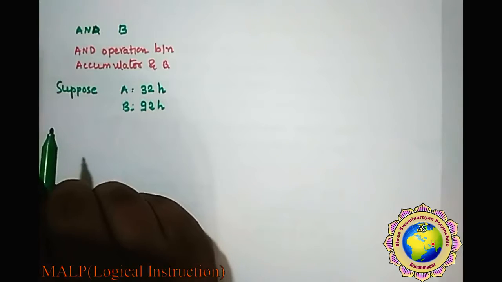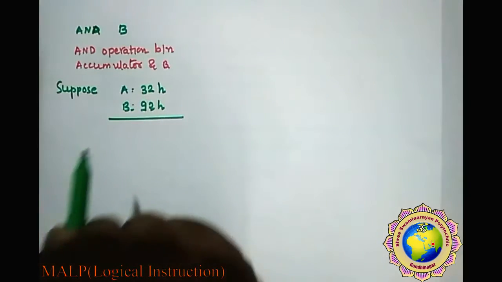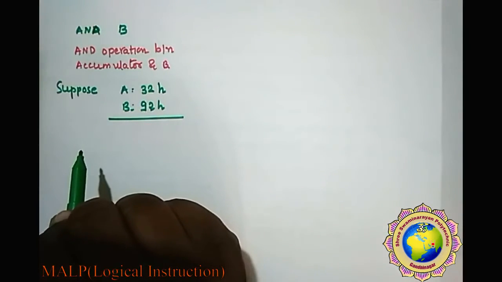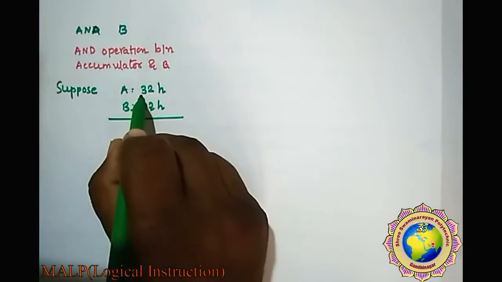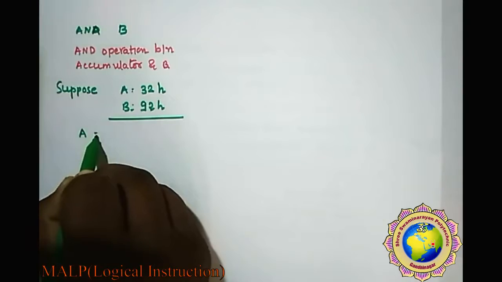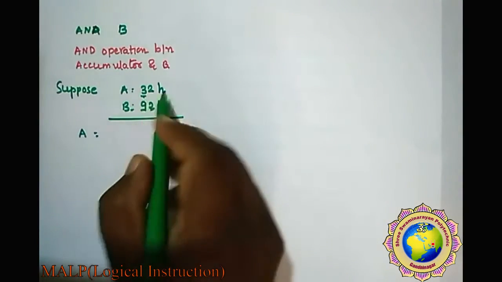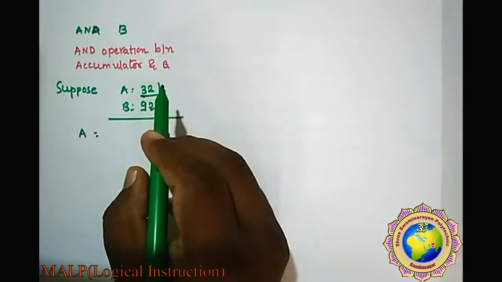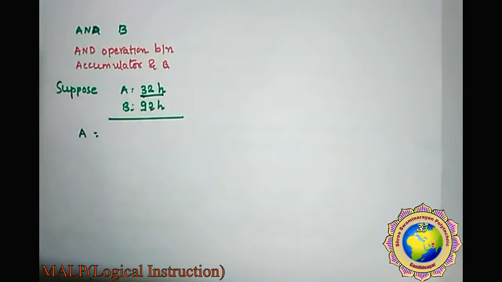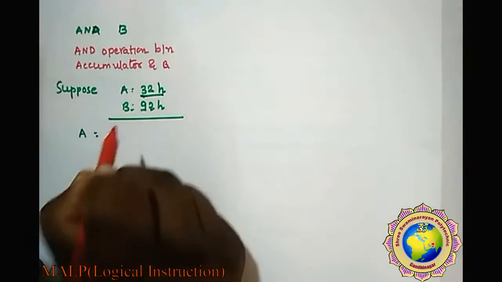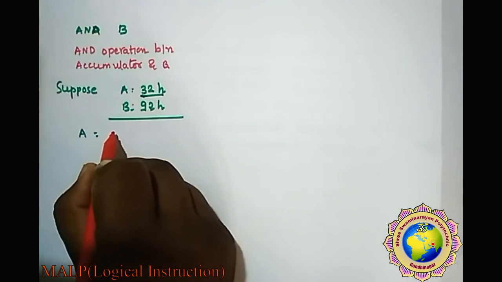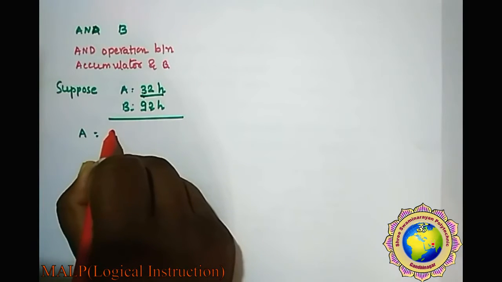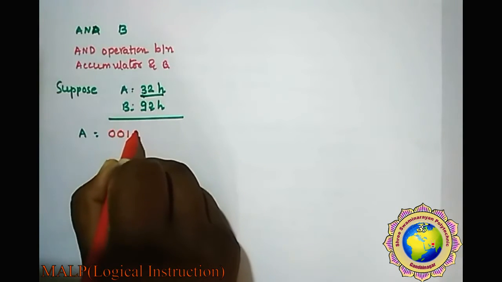Before making the AND operation, we have to convert this hex code into binary. આપણને જે હેક્સ કોડ આપેલા છે એ હેક્સ કોડનું આપણે પહેલા બાઇનરી કરવું પડશે. તો પહેલા A નું બાઇનરીમાં 3 આપ્યા છે તો 3 નું બાઇનરી. To convert the hex code we have to write here binary of 3 in the group of 4 bits. So binary of 3 is 1 1. So to make the 4 bits we have to write here 0 0 1 1.